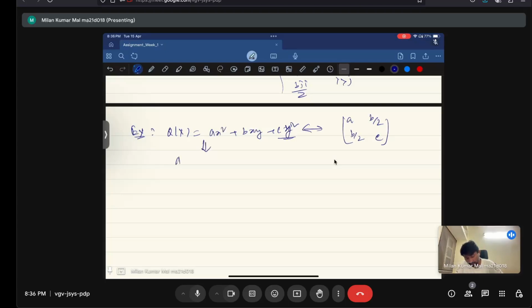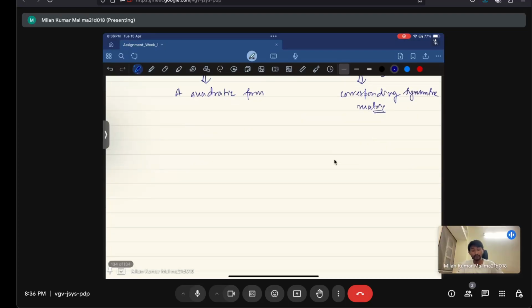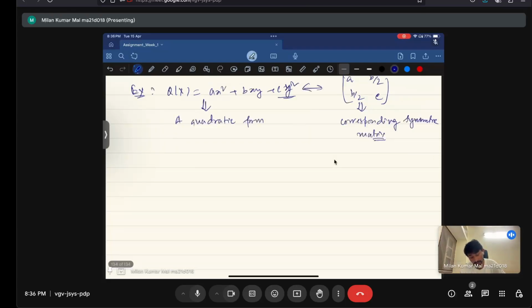This is the corresponding symmetric matrix. These things are maybe not in the syllabus, but as I said last day that I will discuss, that's why I am discussing a little bit.